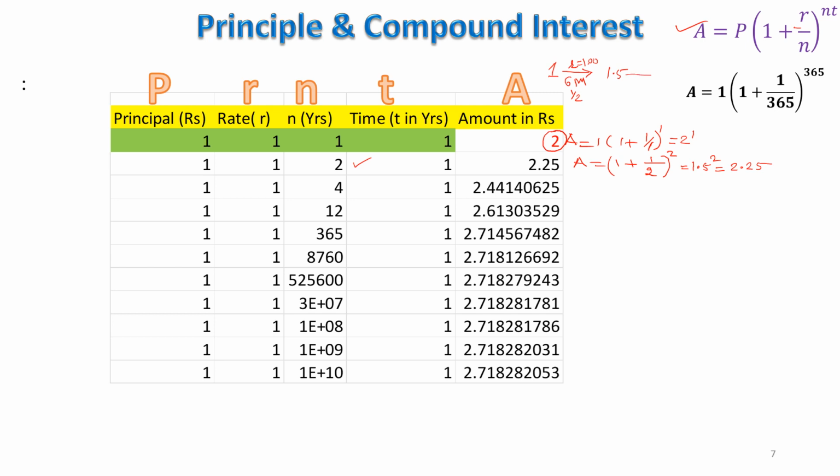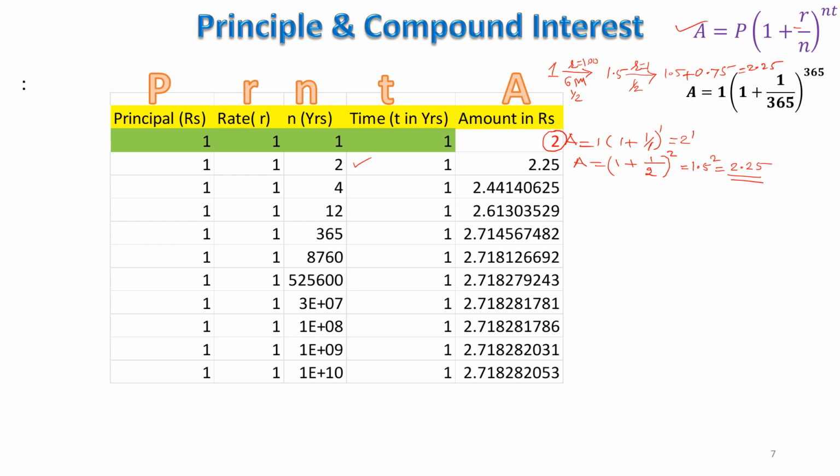And this 1.5 is reinvested with the same rate 1 and for the period of 6 months, that is half year. So 1.5 multiplied by 50% growth. So 50% of 1.5 will be 0.75. So this leads to 2.25. This way we can match the calculation, and here our formula is working.